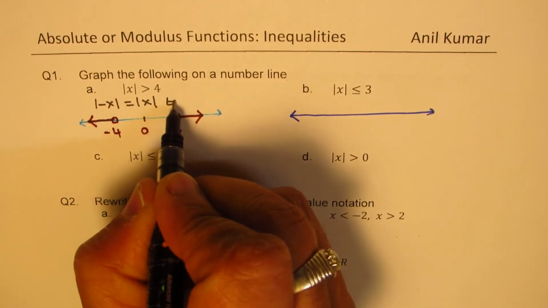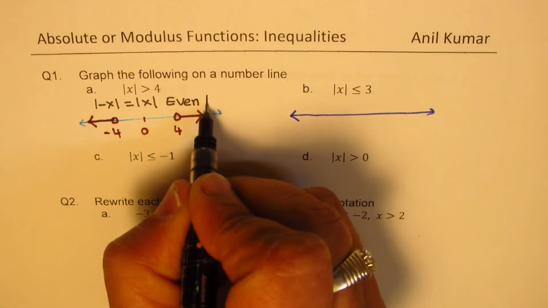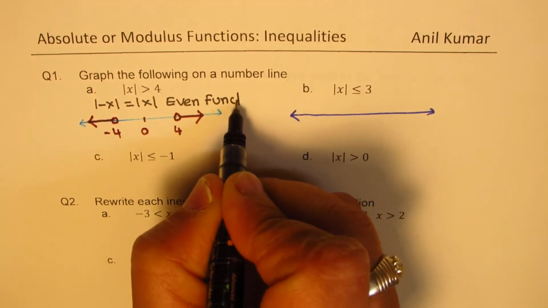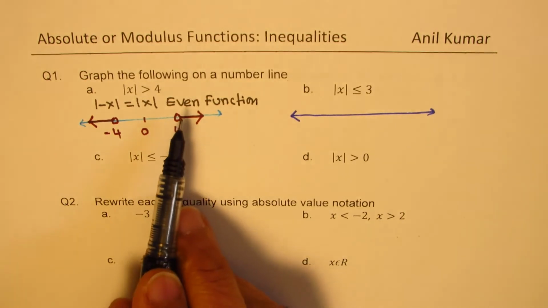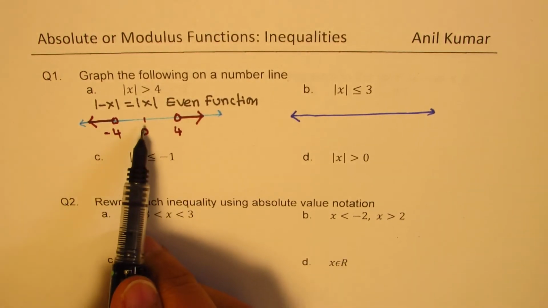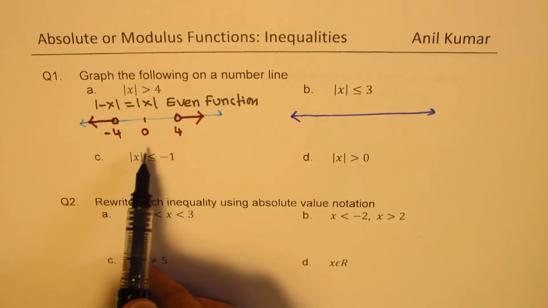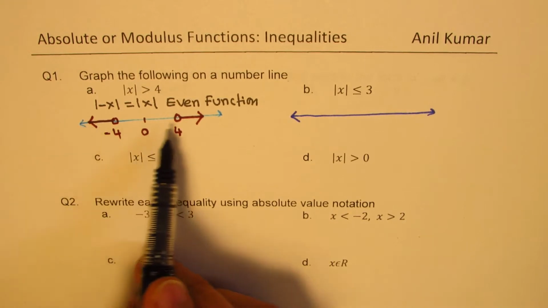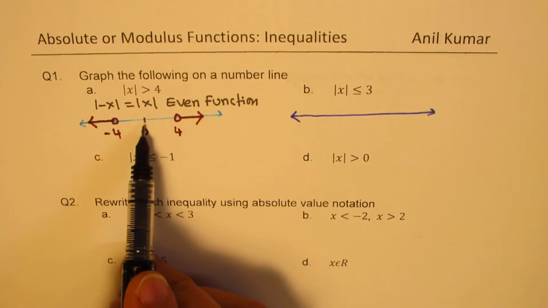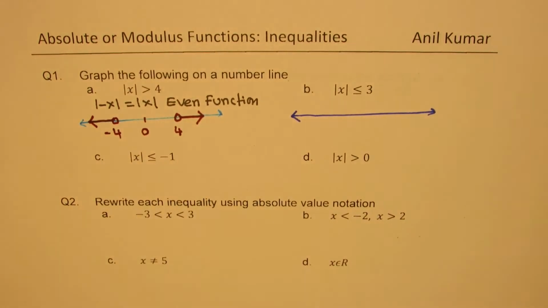It is an even function. Whenever we have an even function, it is symmetric about the y-axis. So in this case, when we're talking about a number line, it will be symmetric about the origin, right? Do you get the idea? So that becomes the solution of absolute value of x greater than 4 on a number line.